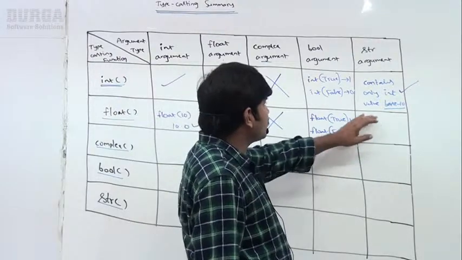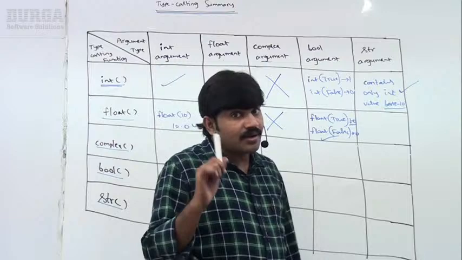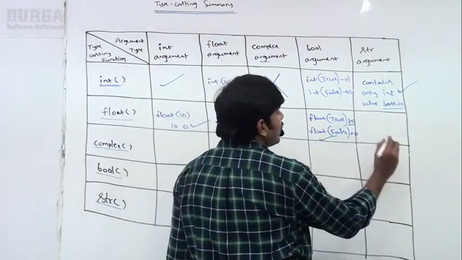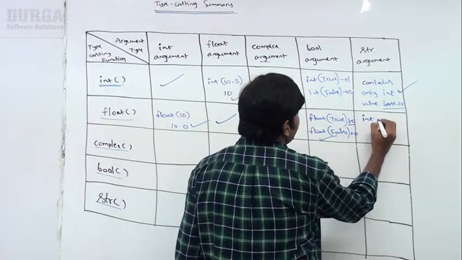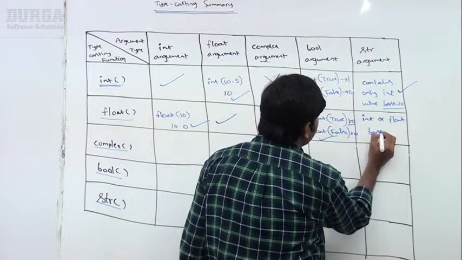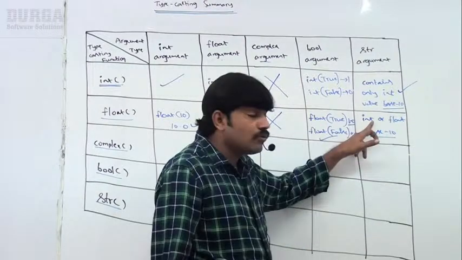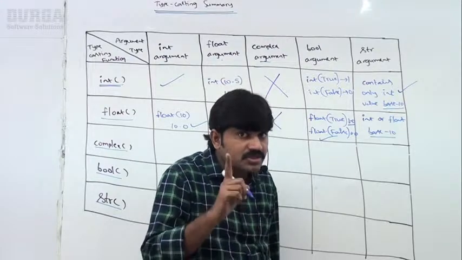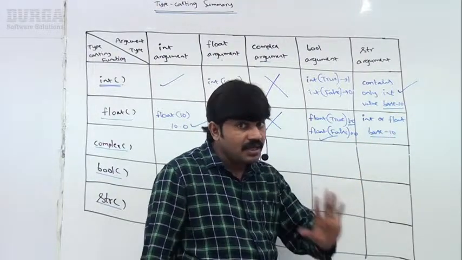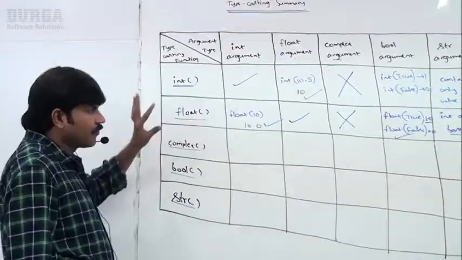Next, what about a str argument, sir? Str to float conversion is always possible, but internally the str should contain either an int value or a float value, and compulsorily we should use base 10. Have you remembered? If by mistake you try to use any other base, immediately we will get a value error. This is the behavior of the float function, right?